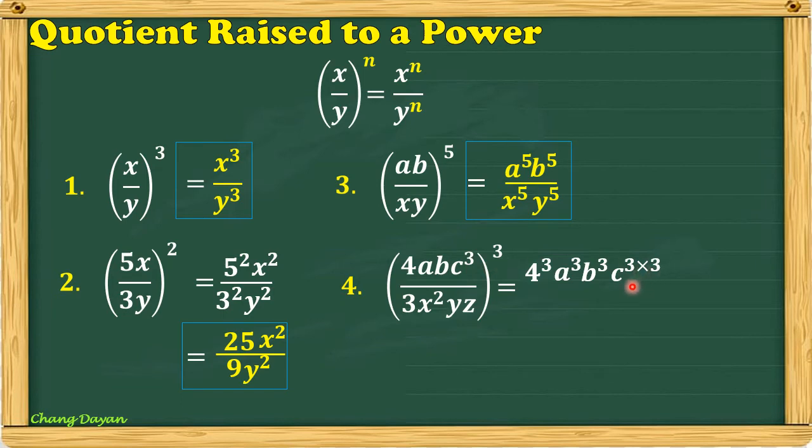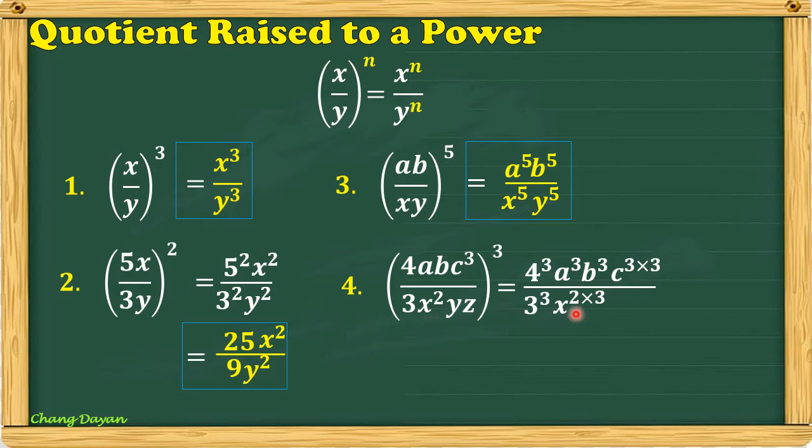So, we'll have here 3 times 3. All over, erase natin ang 3 sa exponent na 3. Katulad ng ginawa natin sa C, ganun din ang gagawin sa x. So, we'll have here x square magiging x raised to 2 times 3.